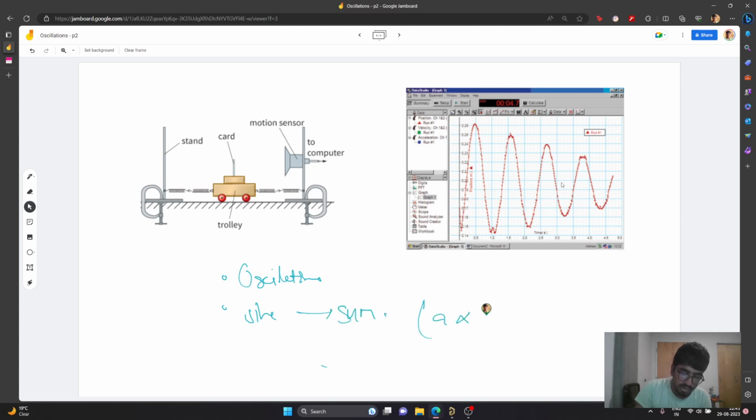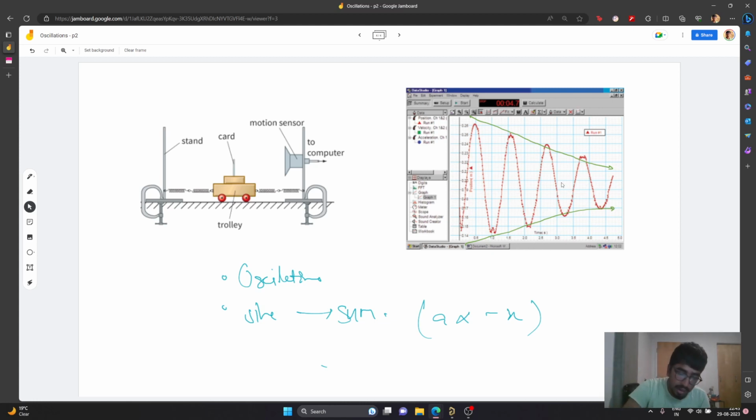Basically, it must obey a proportional to minus x. But one additional thing that we notice here, which we'll talk about a little bit ahead, is that it looks like the amplitude is decreasing.